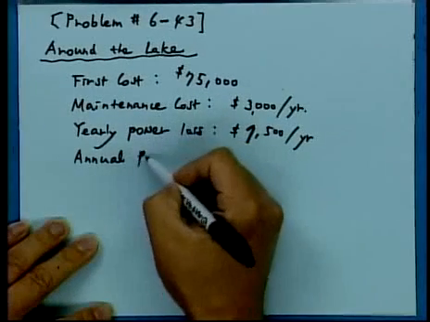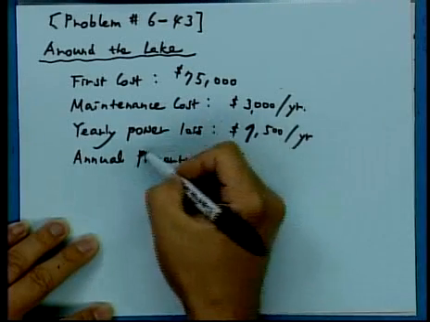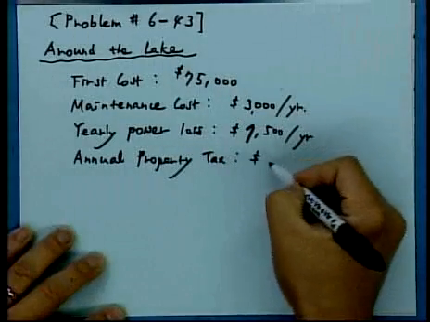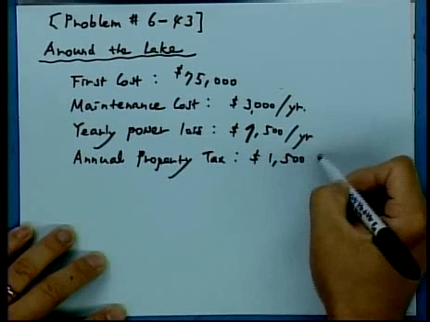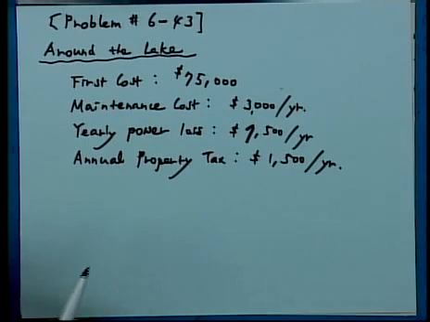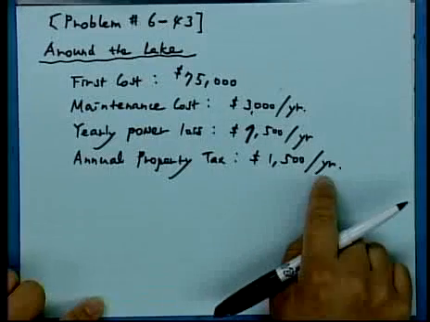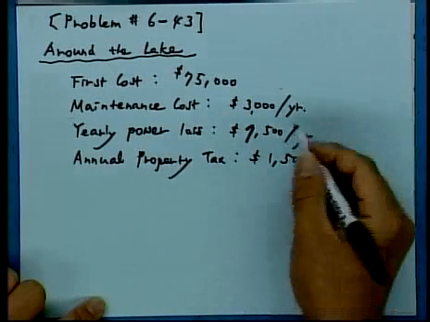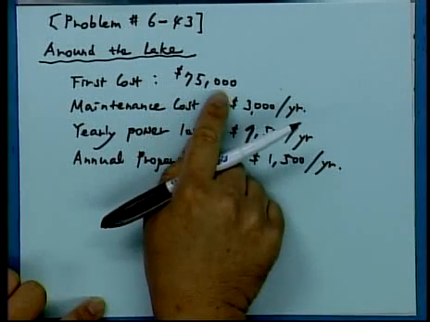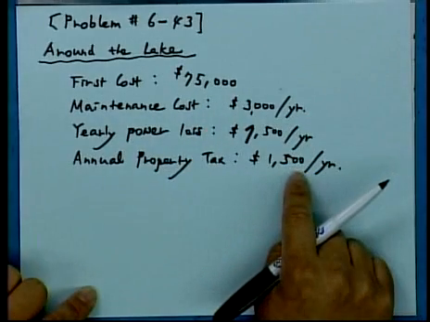And annual property tax. How much is that? It's going to be $1,500 per year. Because this amount is 2% of the first cost. The first cost is $75,000. So 2% of $75,000 would be $1,500.